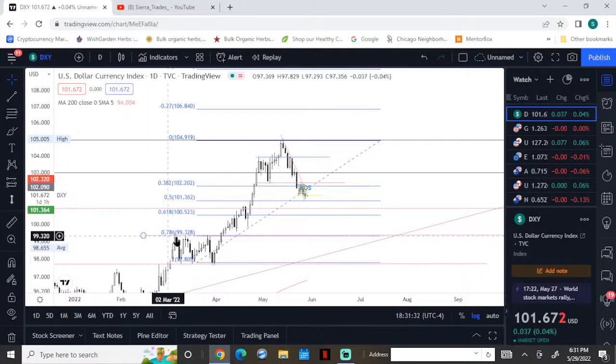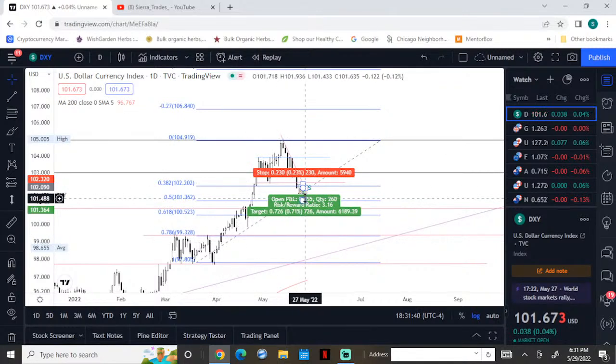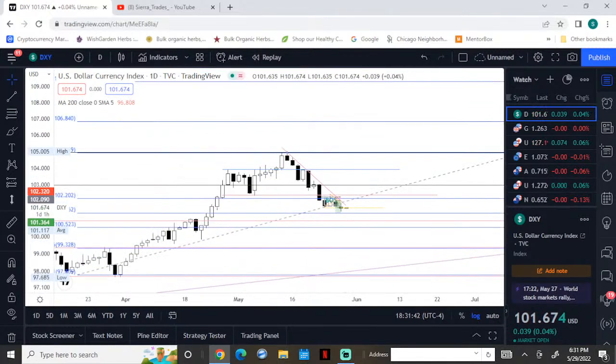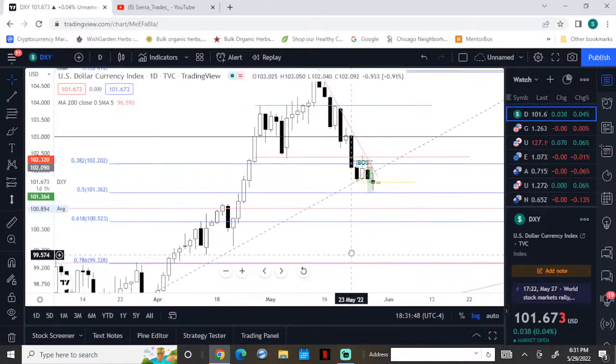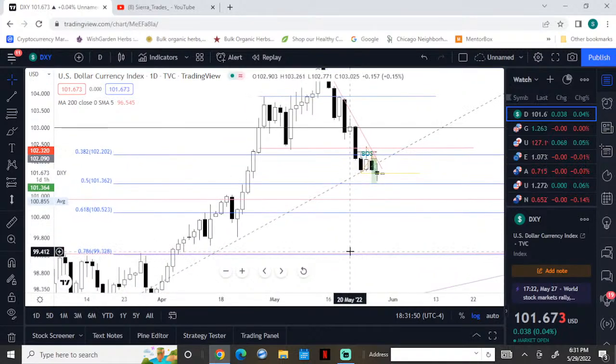There is a zone here behind my fib, but we'll clear it off and remark it up. But this was from last week. So I was currently waiting for price to either hit the 50, the 618, or the 786. So it's just seeing what happened.